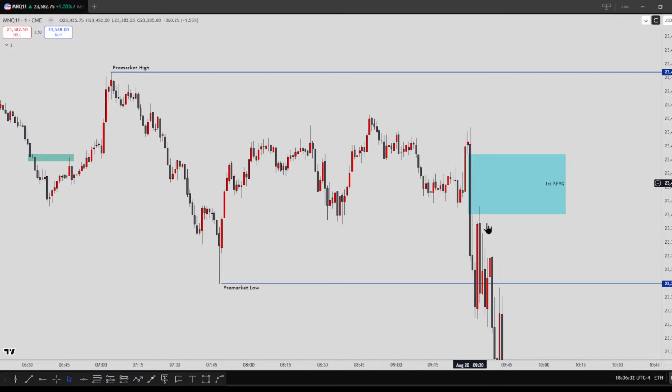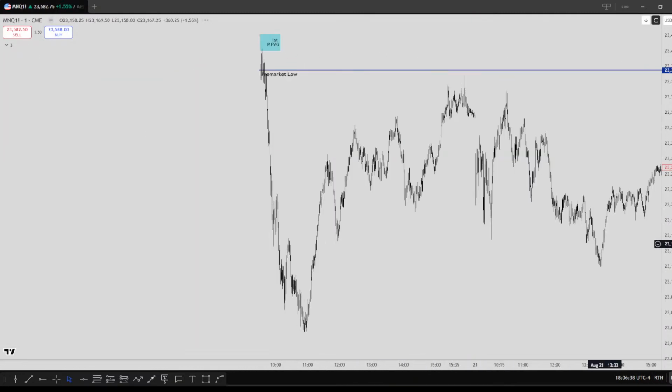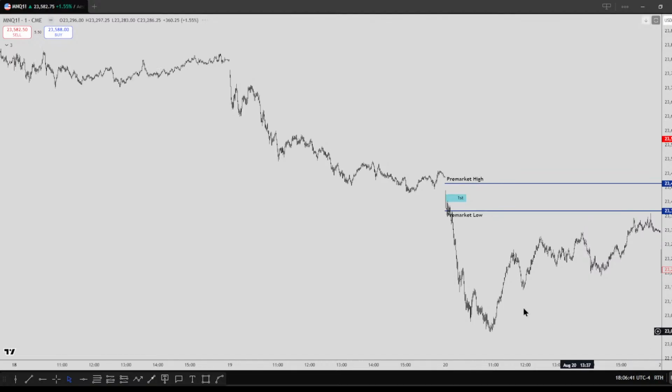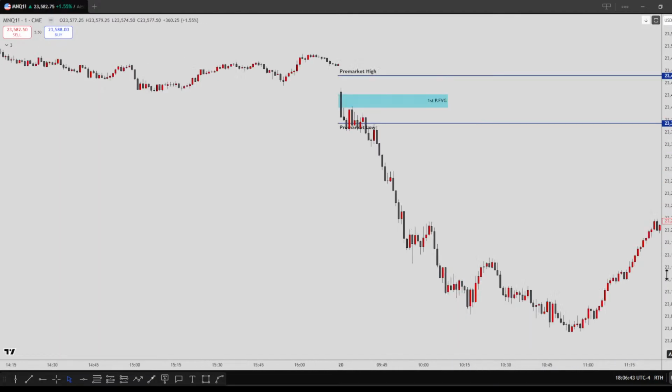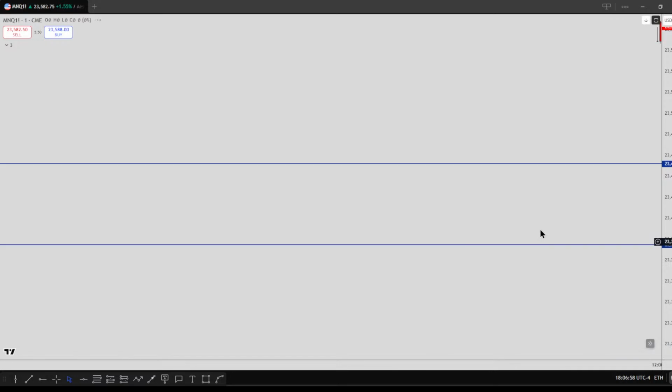Well, we can treat it as our first presented fair value gap, even though it's a 9:30 candle, because on the regular trading hours chart, if you pay attention, I'm on the regular trading hours chart now, our 9:30 candle opens where? Below a low, below relatively equal lows, so it opens below liquidity. In that case, you can use the 9:30 candle as your first presented fair value gap.